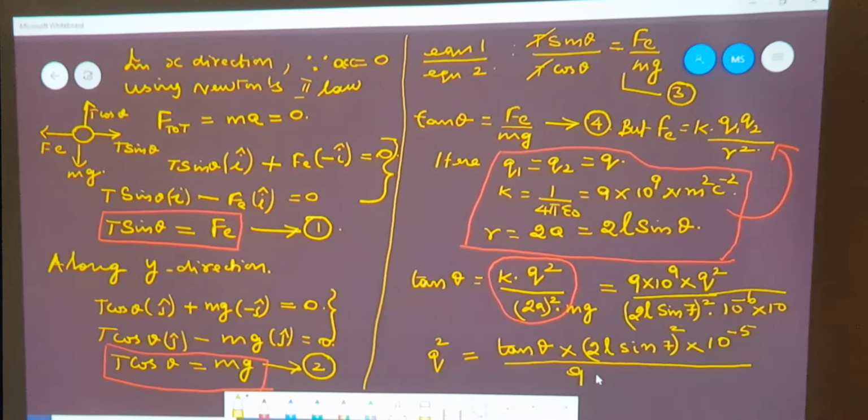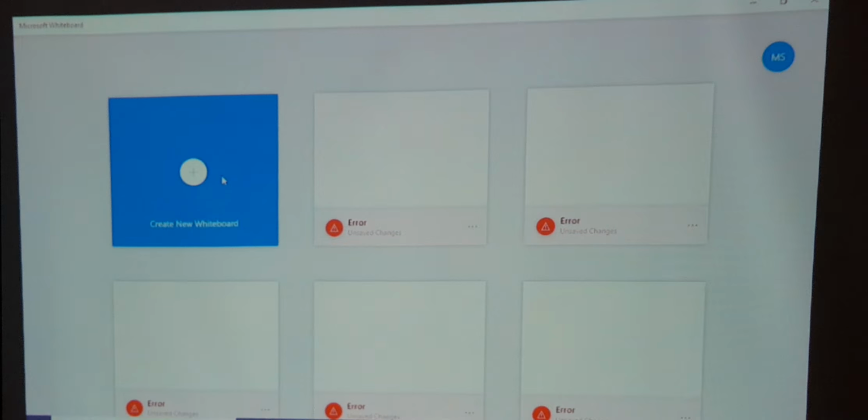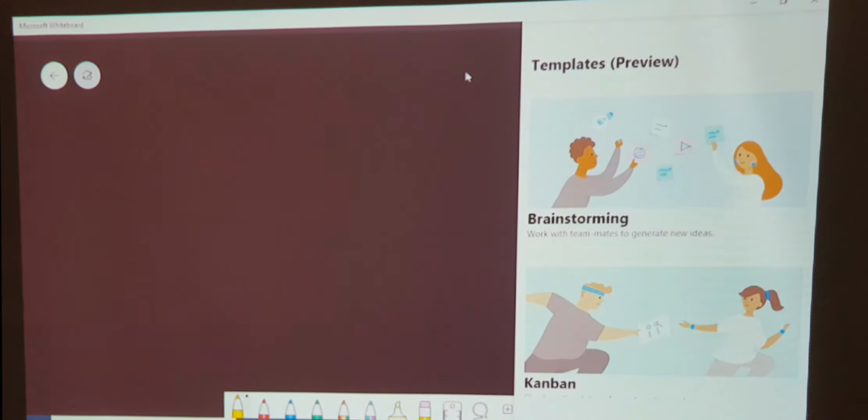Taking this here, you get 10 to the power of 9, and I can write this as 10 to the power of minus 9. I think you are very clear. Now you simplify and get the answer. In order to simplify, you calculate the value of Q.